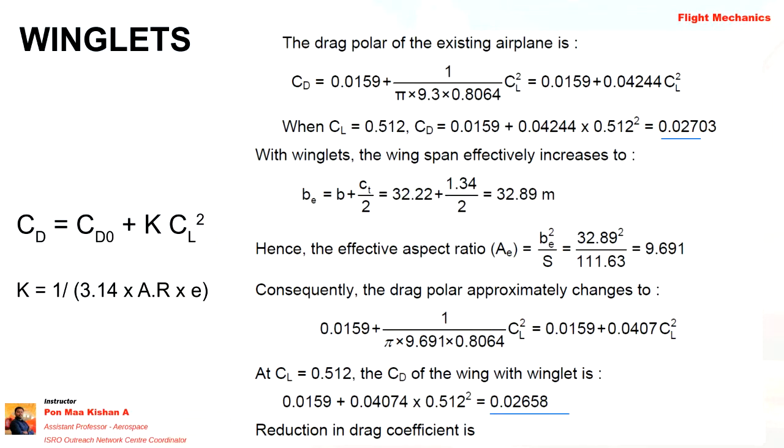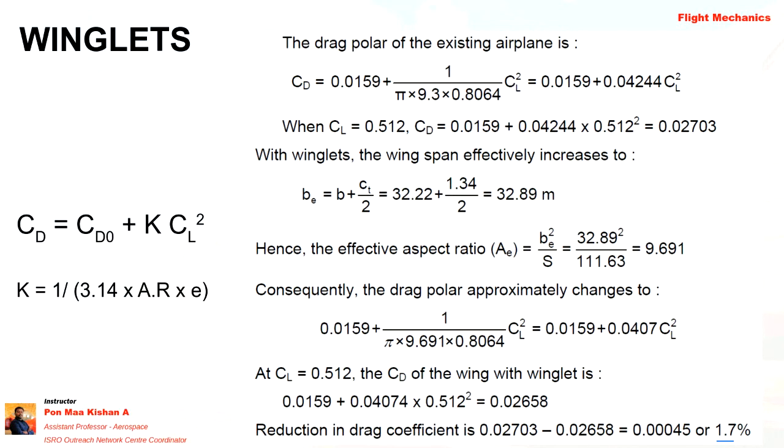Okay. So 0.0265. So reduction percentage we have calculated. Okay. So the total percentage it was reduced is 1.7. So here we are just seeing the approximate value which is used to calculate the winglet performance, but in day-to-day life it depends upon the shape of the winglet.